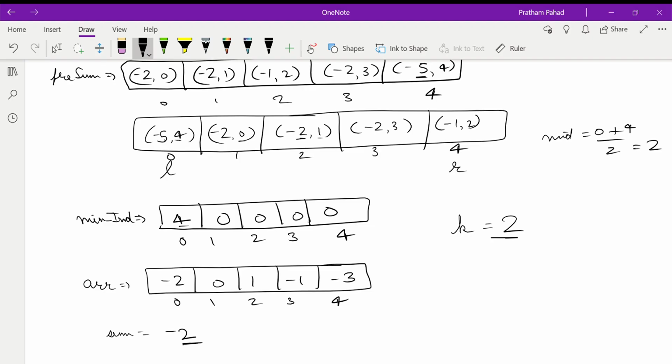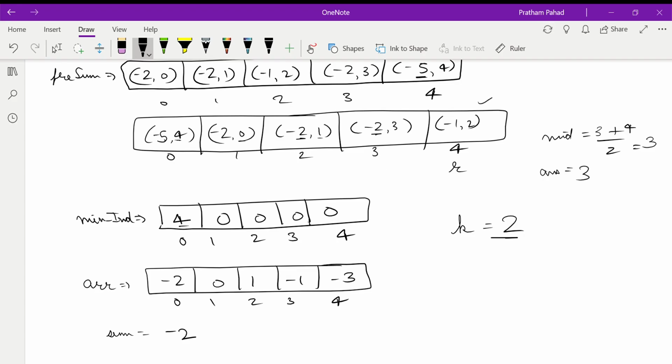Yes, it is equal. So initialize your answer with mid, and do low equals mid plus 1. Now again check 4 plus 3 by 2, which is 3. Check if this value is less than or equal to our sum. Yes, it is equal. So make your answer 3 and do low equals mid plus 1.